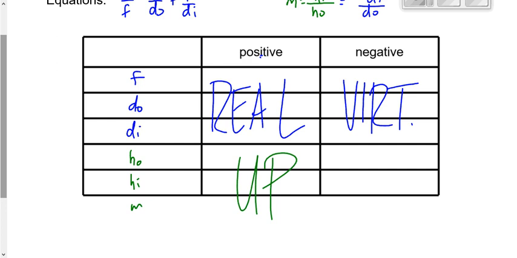If the object is upside down, or the image is upside down, then HO, HI, M are negative values. Remember those sign conventions. There's no way around that. We've got to remember those. If we get a sign wrong, as small a problem as it might seem to be, you get a question completely wrong. You have no hope of getting it right if you make something positive that's supposed to be negative.